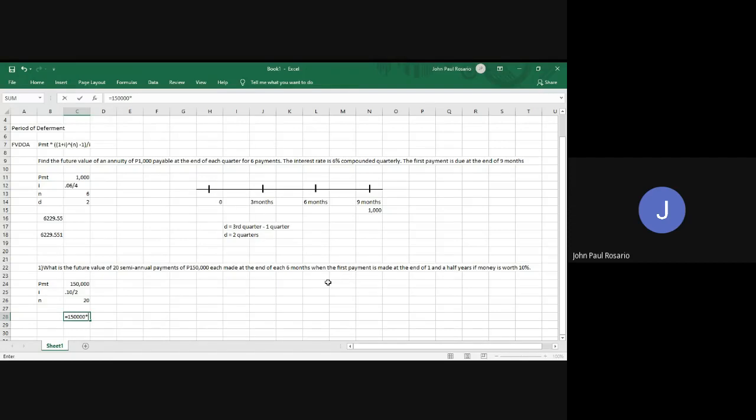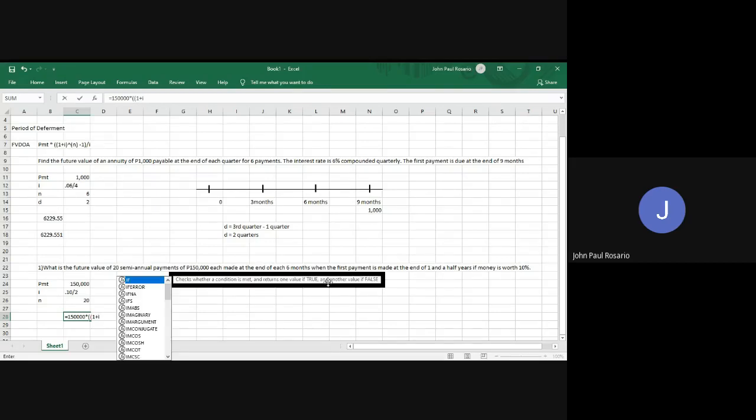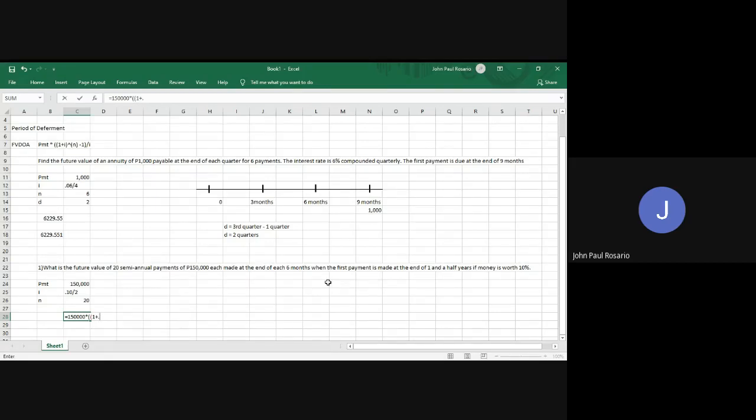So 150,000 times 1 plus I, one plus 0.10 over 2 raised to the power of 20 minus 1, and then divide by 0.10 over 2.